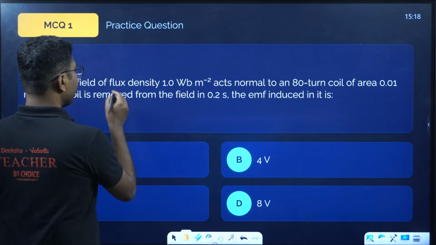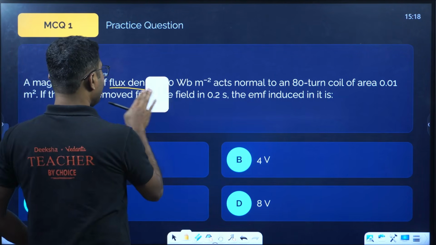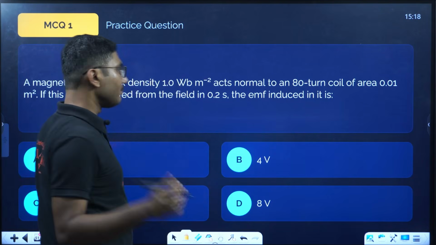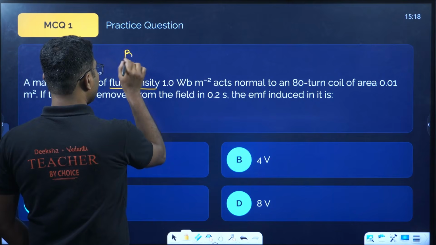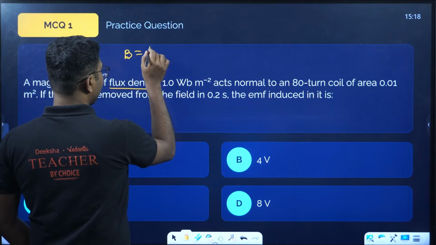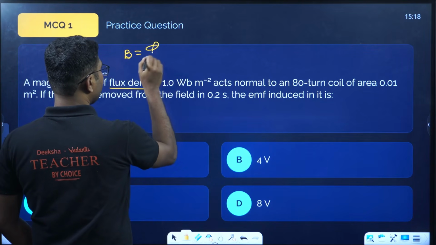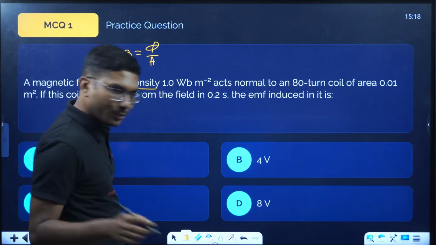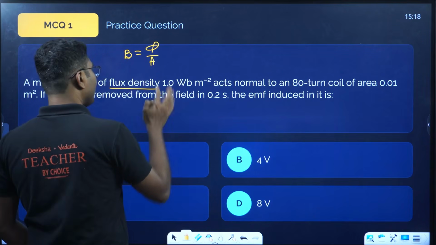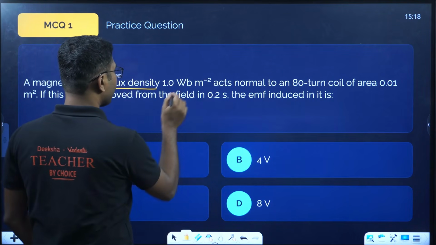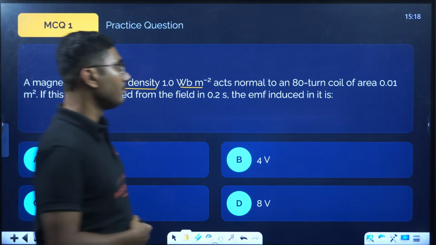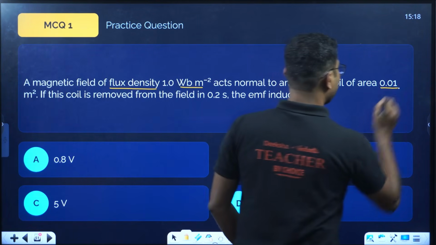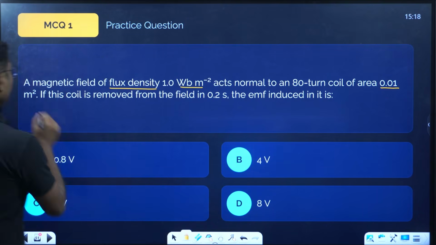So here you are thinking, sir, what is flux density? Flux density is actually nothing but magnetic field as well. Flux density is magnetic field, which is flux per unit area. Nothing new, but if you don't remember it, that is also fine, because the unit is given here, Weber per meter square, and the area is given as 0.01 meter square.